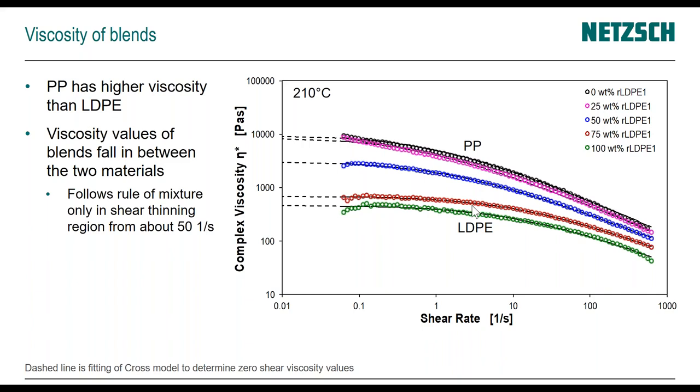The higher the PP content, like the pink curve, the closer that behavior is to polypropylene, and the higher the LDPE content, the lower the viscosity. And you can see that for the zero shear viscosity, the rule of mixture doesn't really apply, but we could show that at shear rates of 50 reciprocal seconds and higher, the rule of mixture really works well.